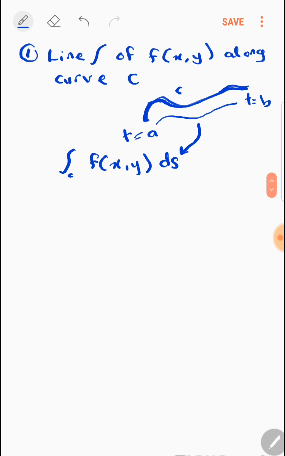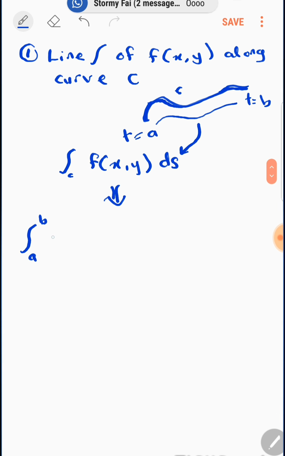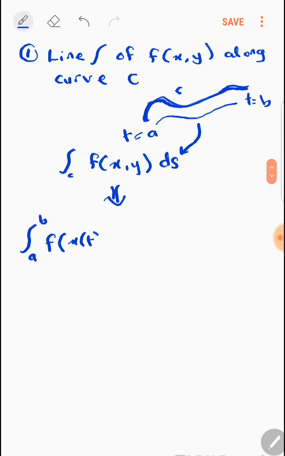The further derivation of this equation will then look something like this. We will have an integral with lower limit a to upper limit b, according to the interval. And then we have f of x of t and y of t.